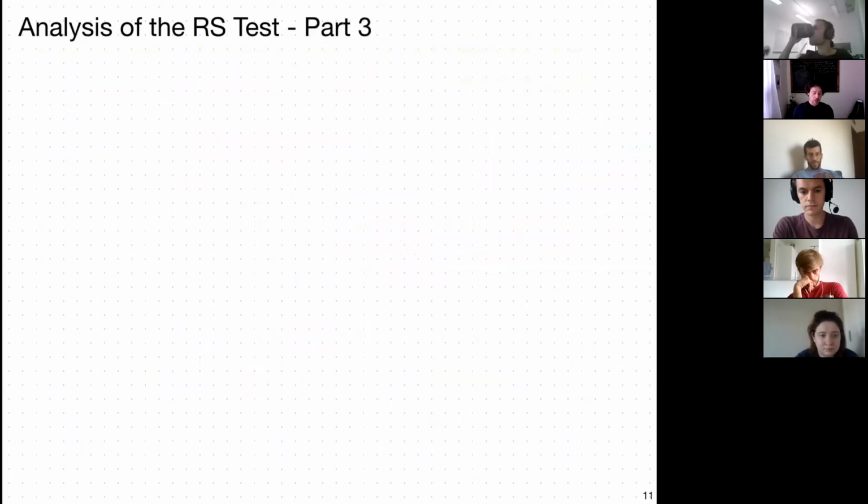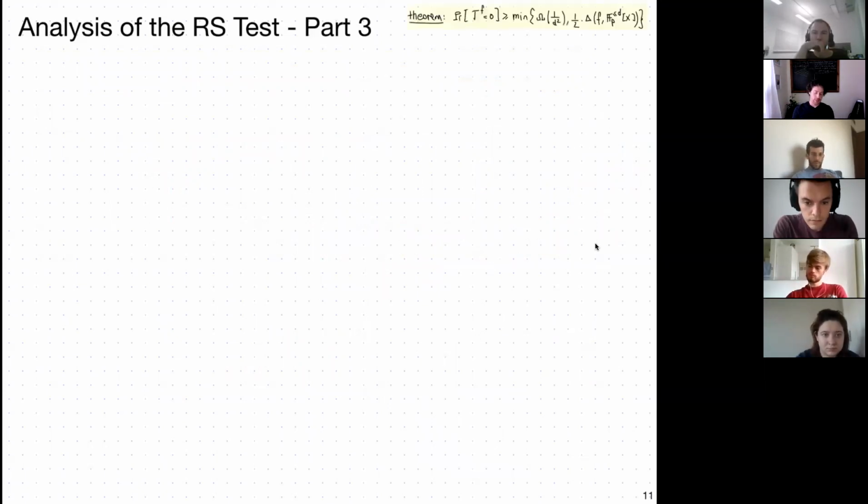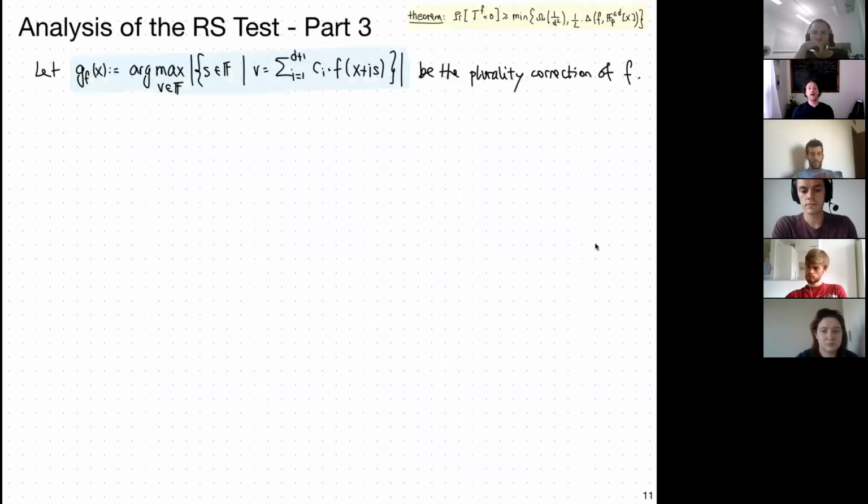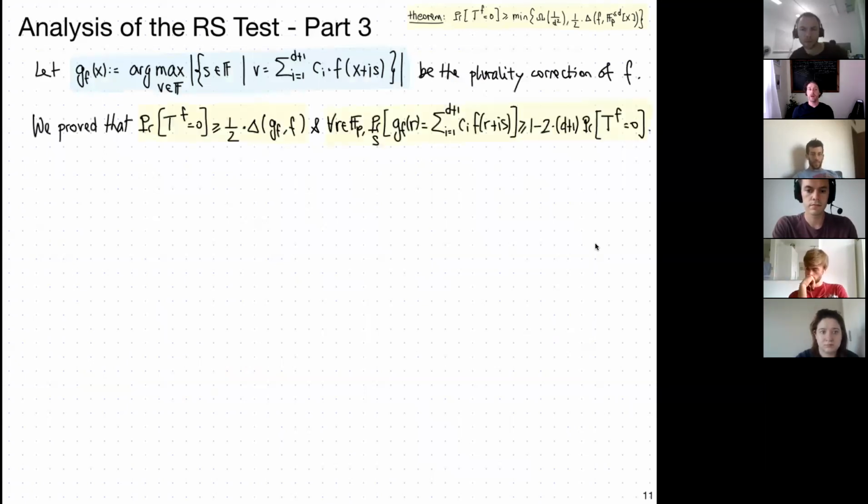Okay, and now this gets us to the last part, which remember was easy, hard, easy. So this is the easy point, the last step. We want to prove the theorem that I wrote above. This is just a reminder regarding how we define the plurality correction. And we proved these 2 claims, right?